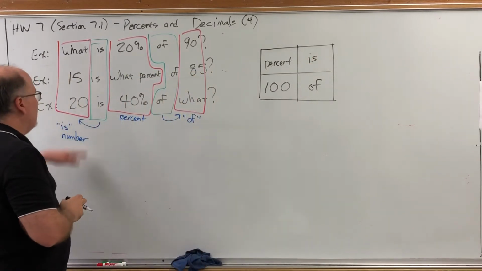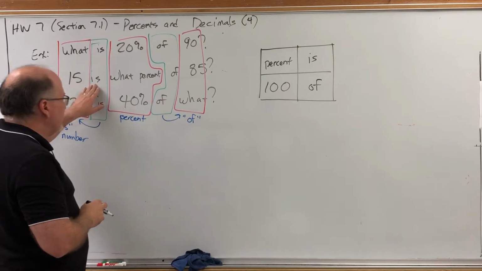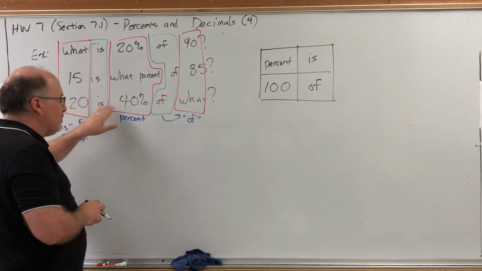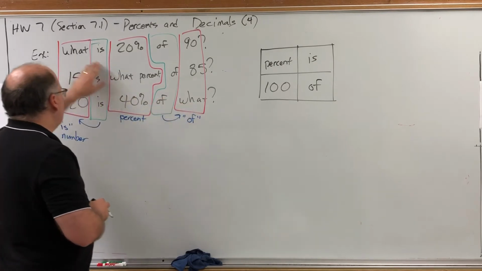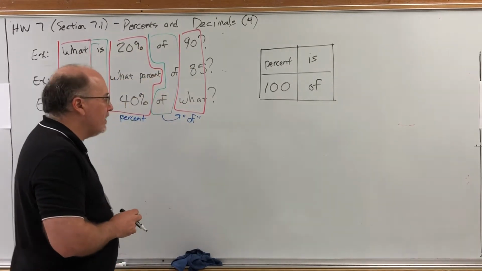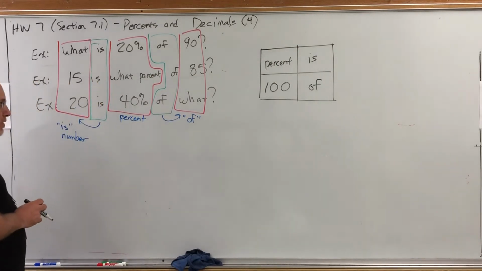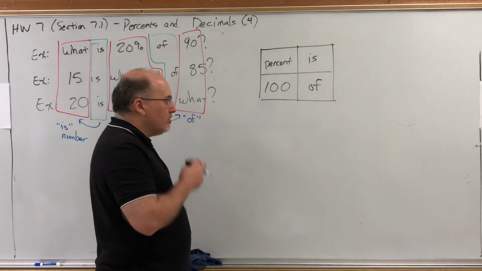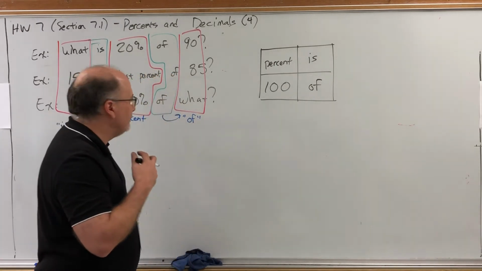For example, 15 is part of 85. 20 is part of something we don't know. Something we don't know is part of 90. In every problem, you'll know 2 of the 3 numbers. Then you can cross multiply to find the missing one.